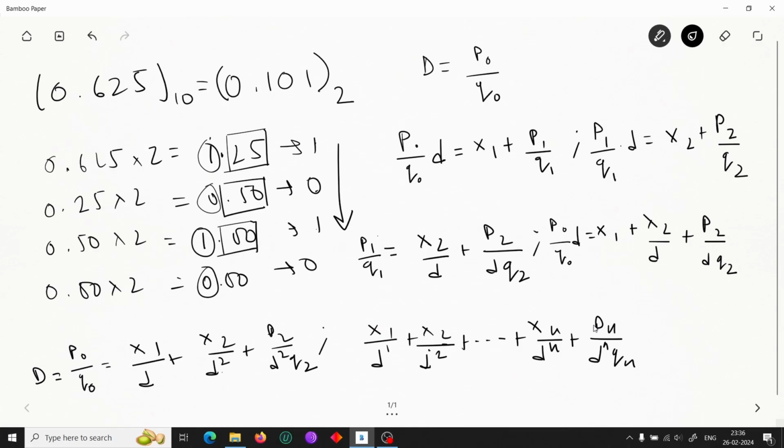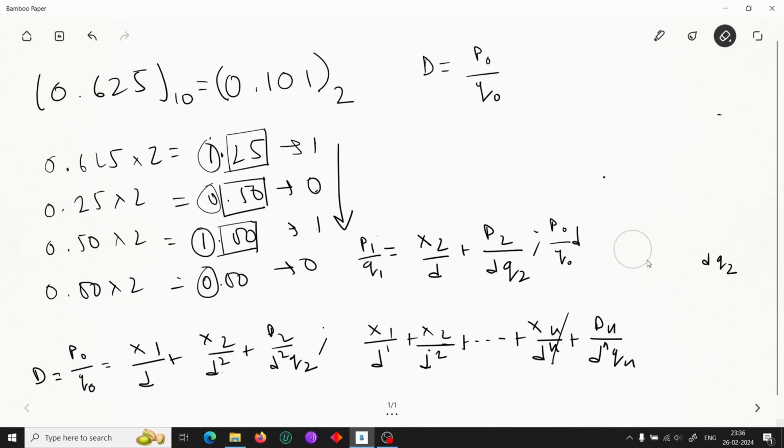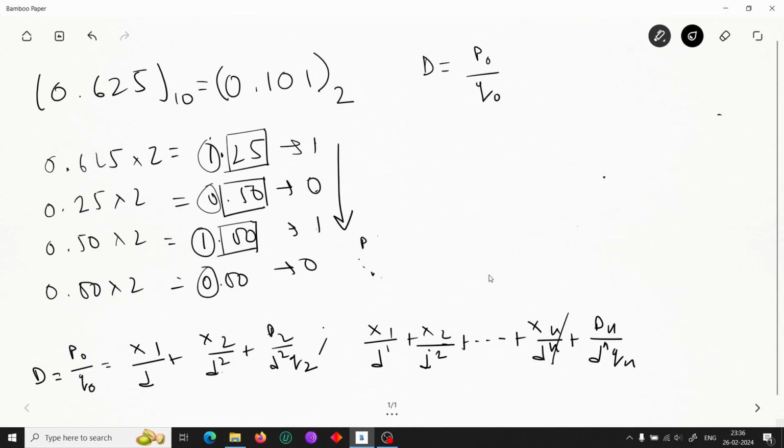Now generally this part either becomes 0 or you stop at this point, since you want as many digits after the decimal point as you want basically. So considering this, the final equation that we reach, I'll write it above here by erasing this. We get that the number equals x1 by d to the power 1 plus x2 by d to the power 2 plus dot dot dot plus xn by d to the power n.